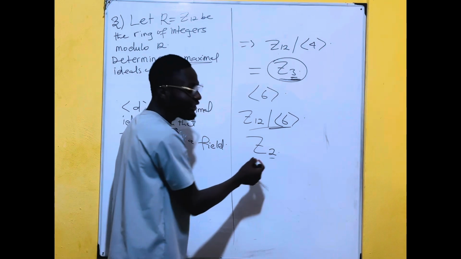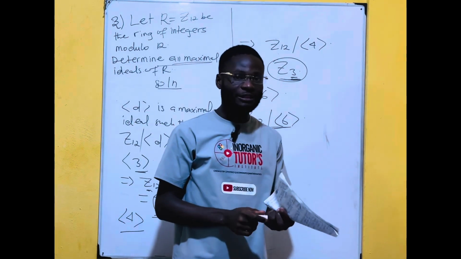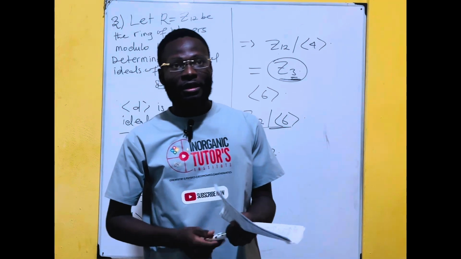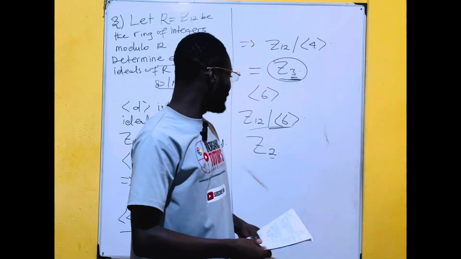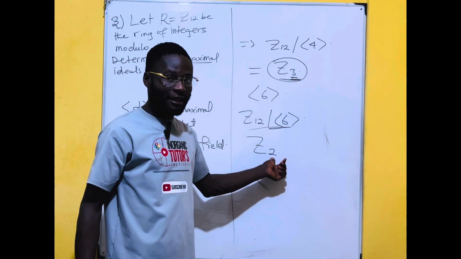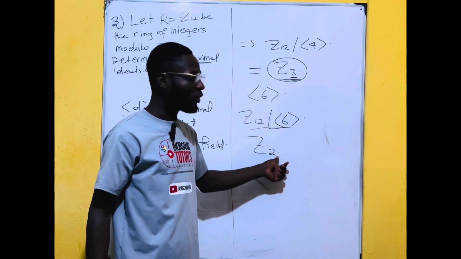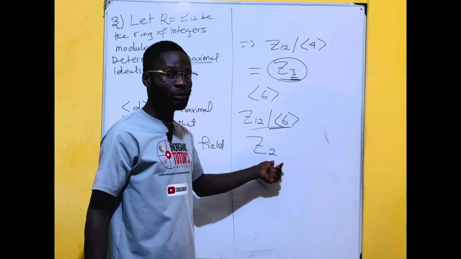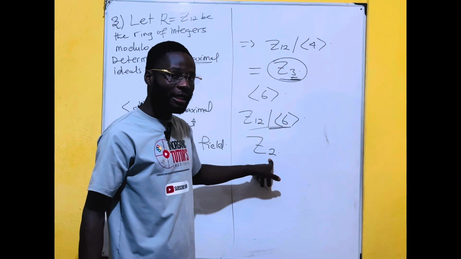One of the interesting aspects is that the only even number that is a prime is 2, because 2 is a prime.